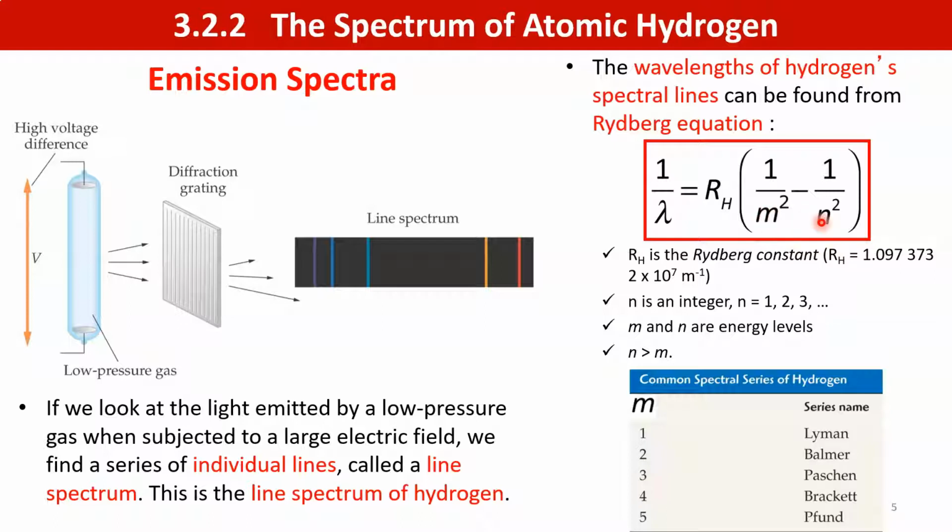It can be 3, 4, 5, 6, 7, and so on, but it cannot be 2 or 1. Similarly for the Lyman series, m must always be 1 and n must always be greater than 1. It can be 2, 3, and so on.